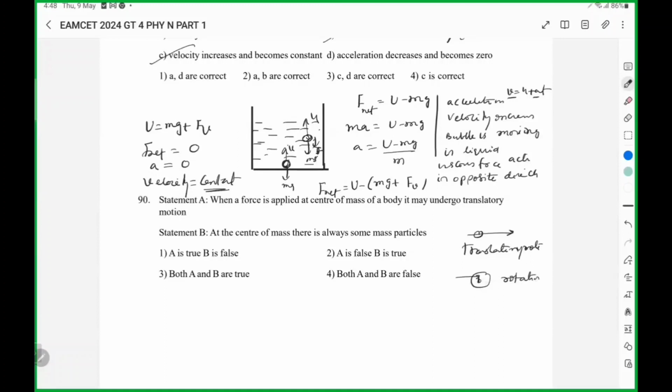Once it is applied through the center of mass, it undergoes only translation, right? At the center of mass, there is not always some mass particle. Say if you consider a ring, the center of mass will be at the center, and there is no mass. So the second statement is wrong.